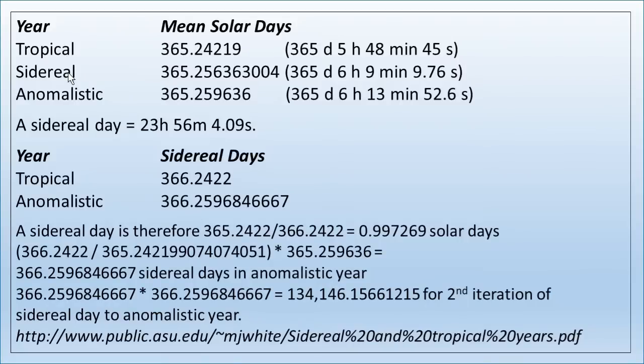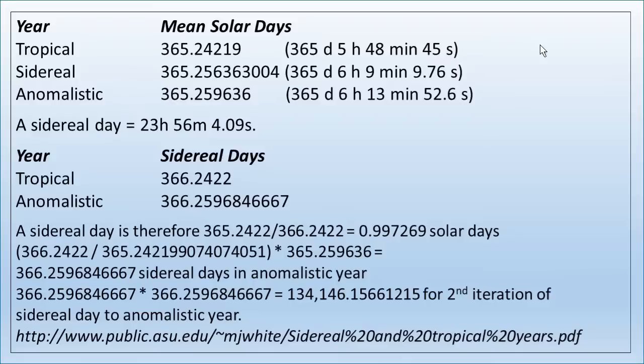Sidereal year, how many solar days are in it? The number of solar days in a sidereal year is very slightly more. Instead of 0.242, it's 0.256. So it's 365 days, 6 hours, 9 minutes, and about 10 seconds.